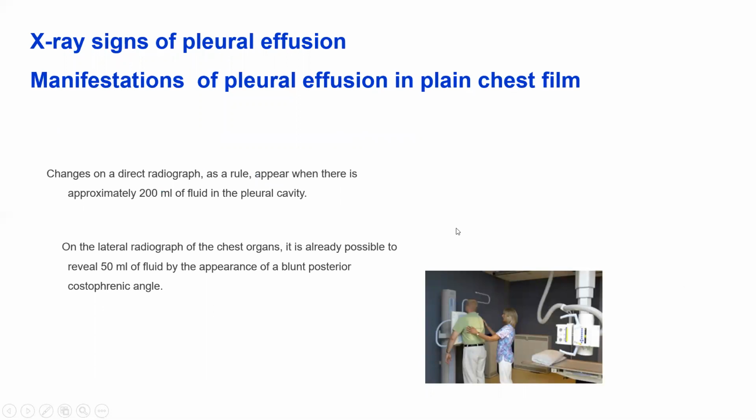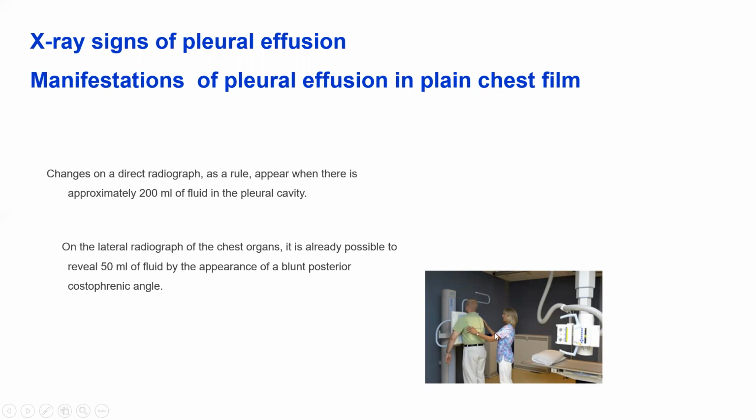In the manifestation of pleural effusion on a plain chest film, we must take into account the volume of pleural fluid in the pleural cavity. Changes on a direct radiograph as a rule appear when there is approximately 200 milliliters of fluid in the pleural cavity.